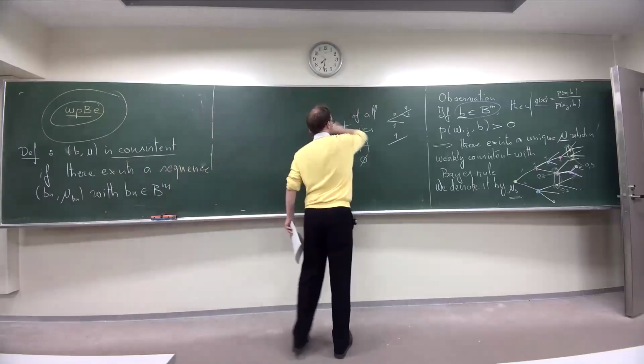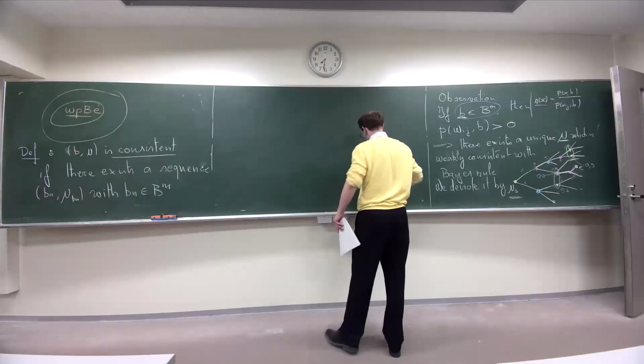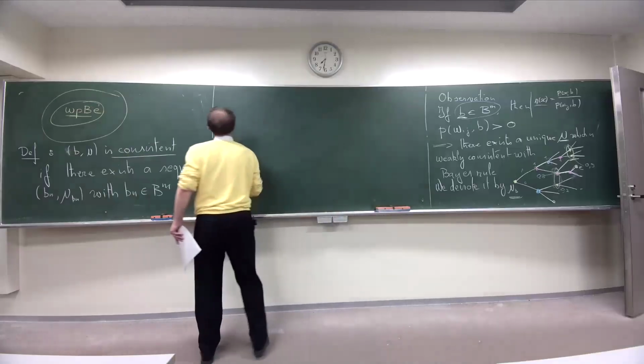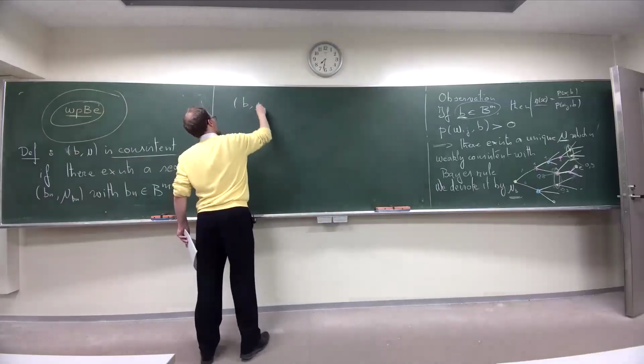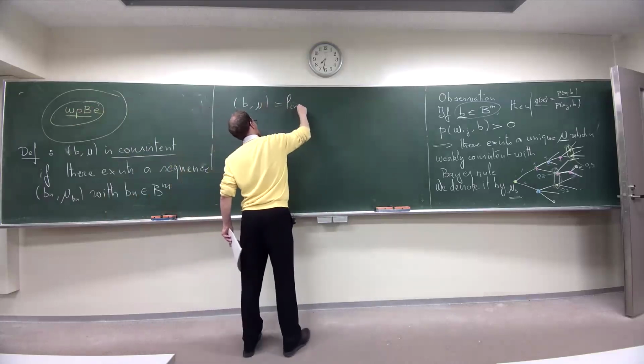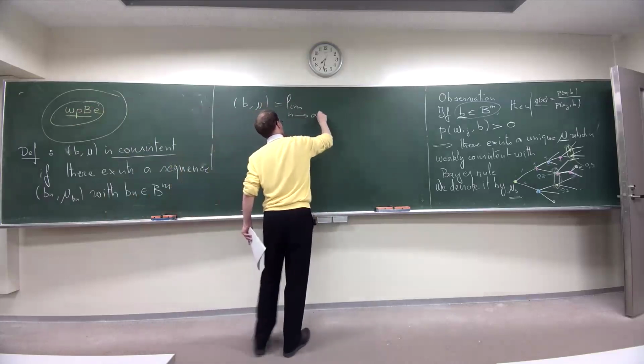What I'm doing is just an approximation, so that B mu is the limit when n goes to infinity of Bn. Don't worry too much about this. If you are first or second year, you don't have to fully understand.